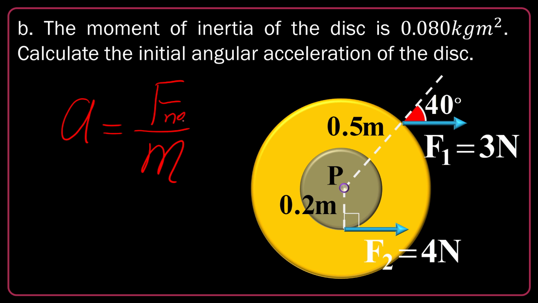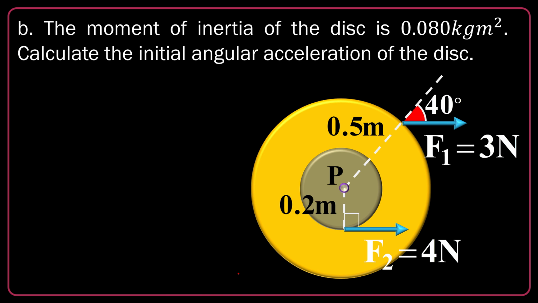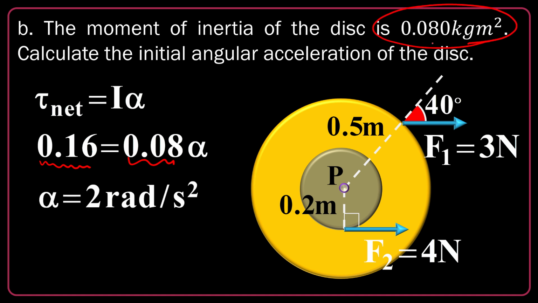Now I have alpha, the brother of F, which is net torque, divided by the brother of mass, which is the moment of inertia. So let's use it like that and just plug in the values. I found the net torque in the previous part, and I is given directly in SI units. That's all. So I will find alpha to be 2 radian per second squared.